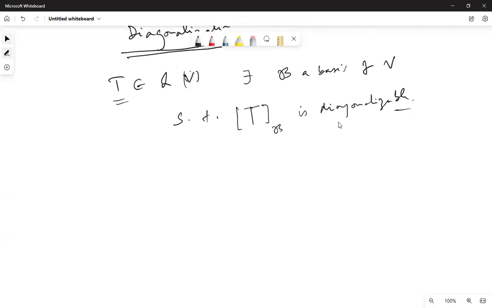So we are going to now find out a basis under which this T is diagonalized.